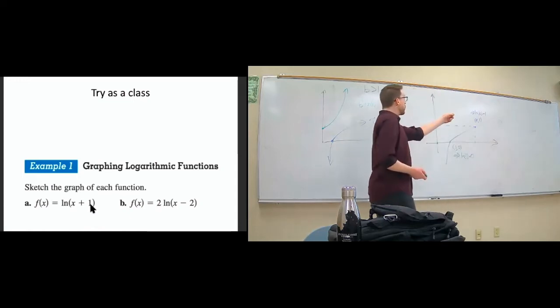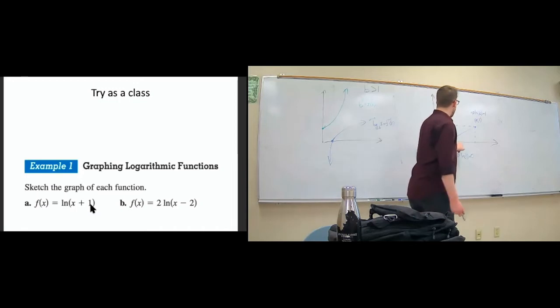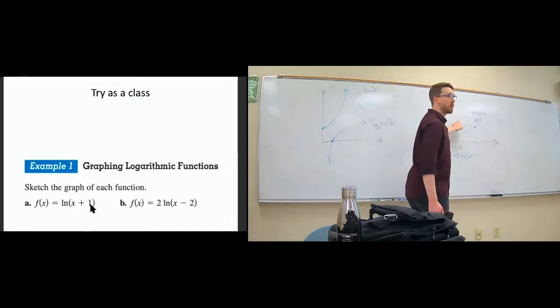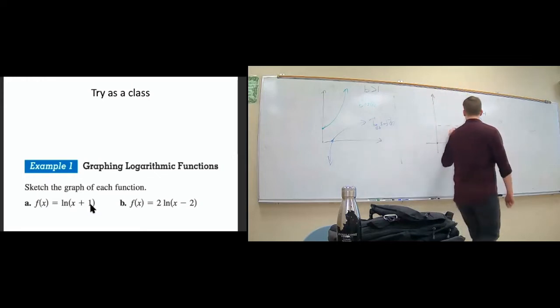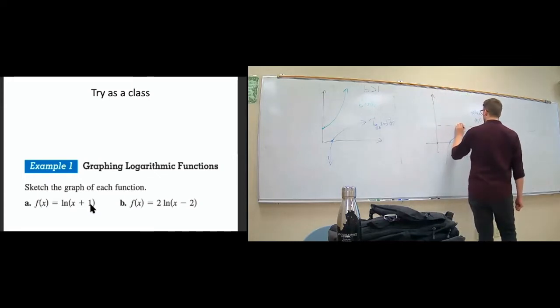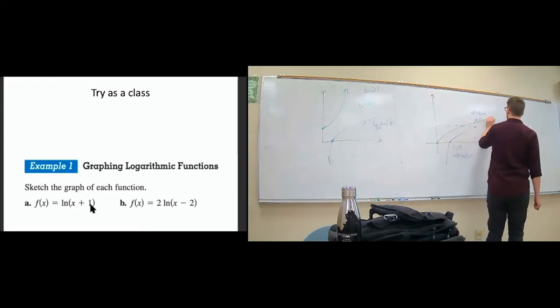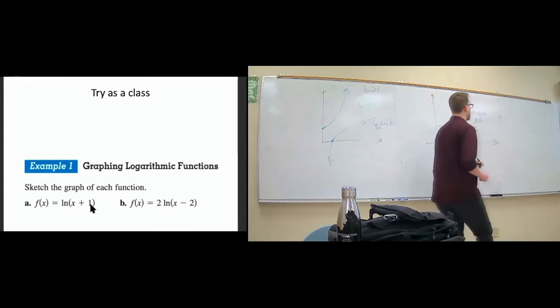So if we subtract 1 from e, that's going to be the corresponding x value in our new function, right? Does that make sense what I mean? So that's going to be, let's say, somewhere over here. The graph of our function is going to look something like that. Cool.